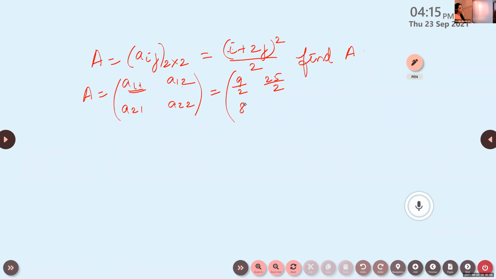Srihari, 36 by 2. How will you get 36 by 2? i is 2, so 36 by 2.